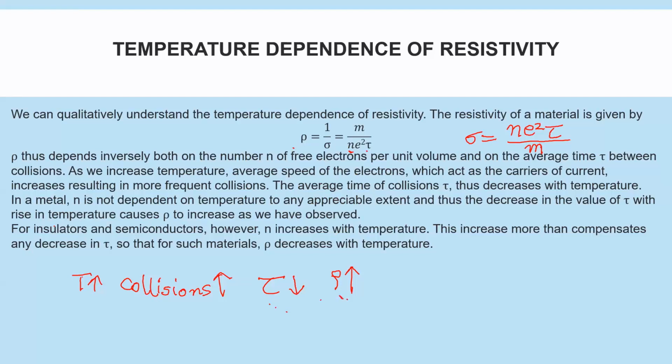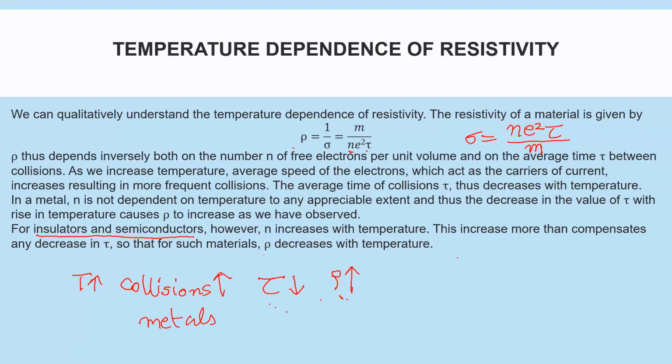In a metal the number of electrons is not going to influence the resistivity, but the case for insulators and semiconductors is different, where your number of electrons is going to increase with temperature, and this increase will compensate the decrease in the tau. Then because n is increasing, your resistivity is going to decrease. So this part is for the metals.